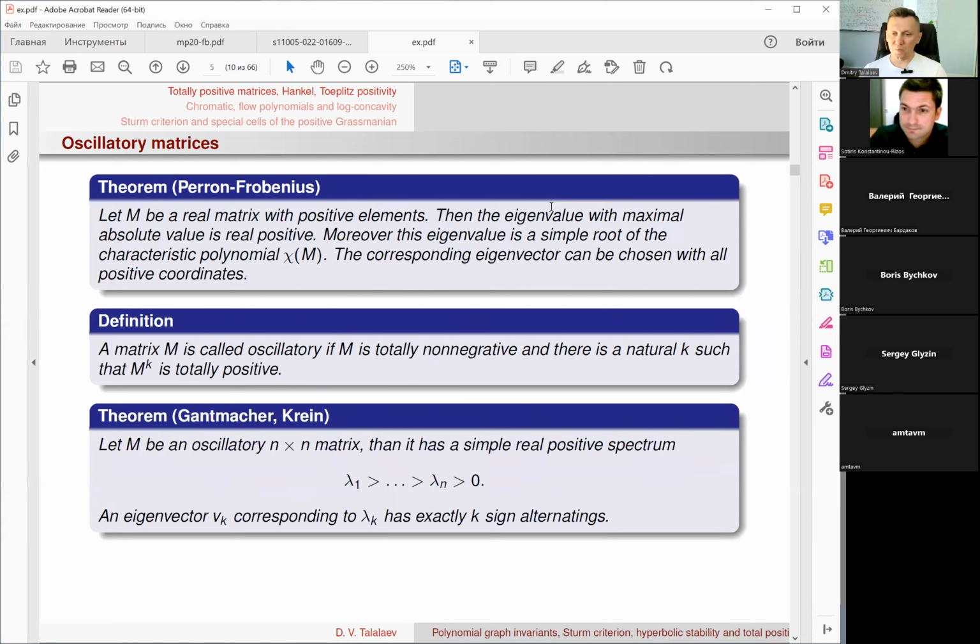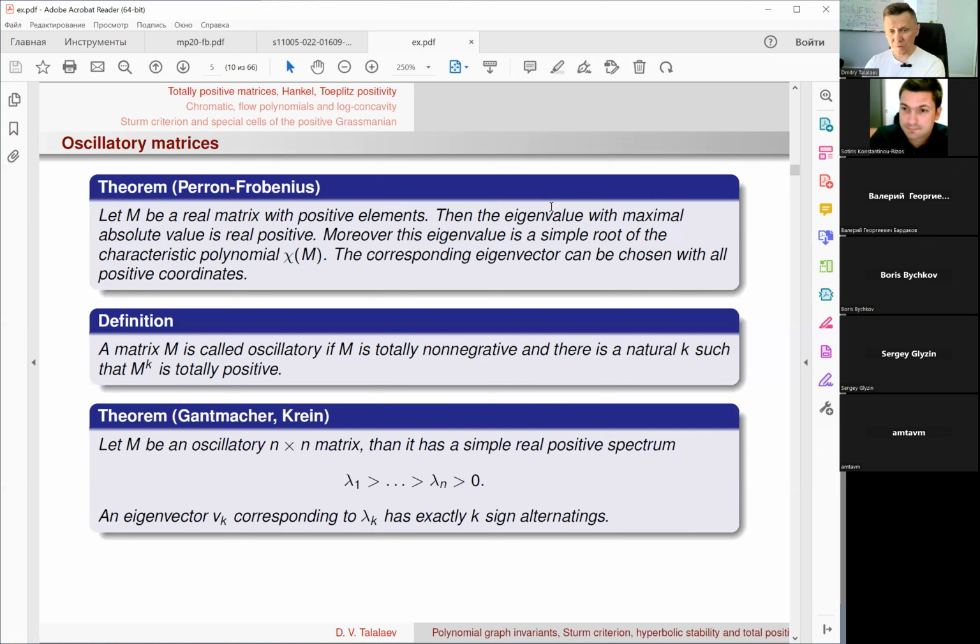Here the lambda i are the eigenvalues of this matrix, and v_k is an eigenvector corresponding to the eigenvalue lambda k.